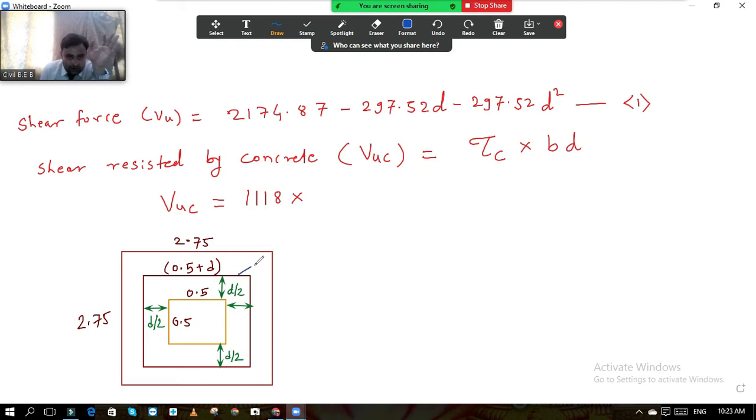Whatever I am showing in this blue ink, this area will remain as it is. This is the area which will remain after the punching. Now, for the shear resisted by the concrete, this is why we have considered this area.